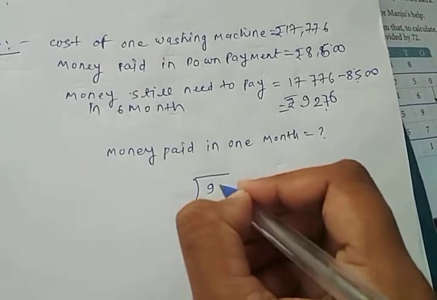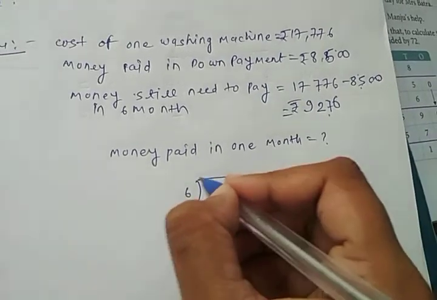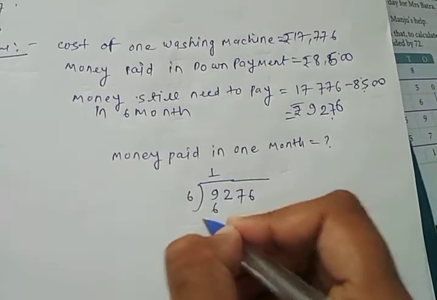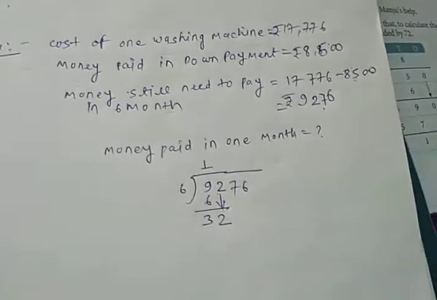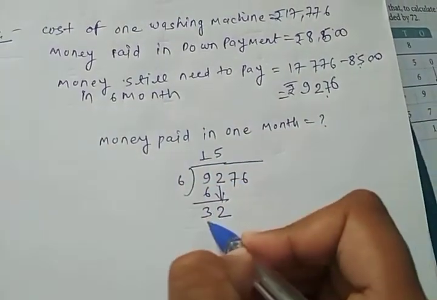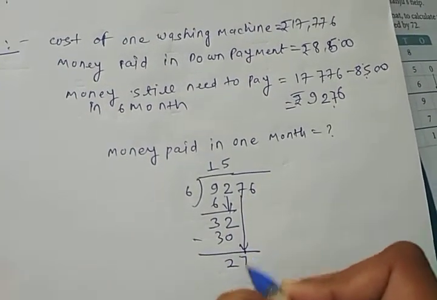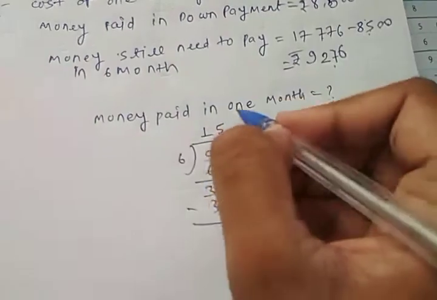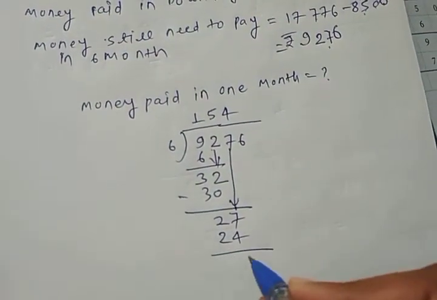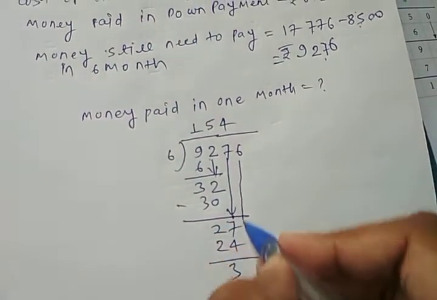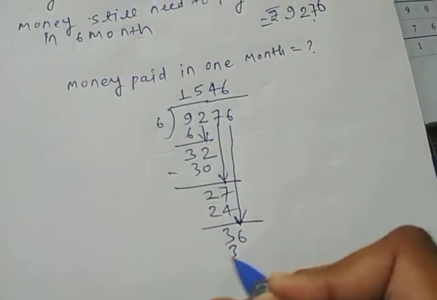9,276 divided by 6. So this is 1 time, then 3, 2, 6 5s are 30, 2, 7, 6 4s are 24. Now 6 6s are 36.